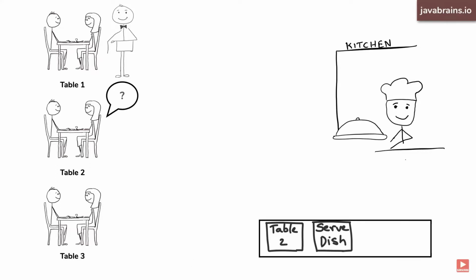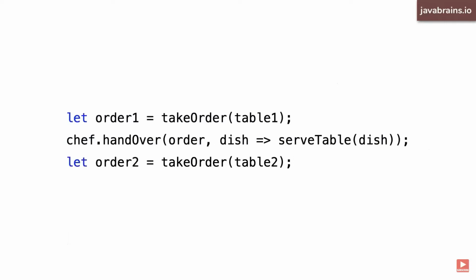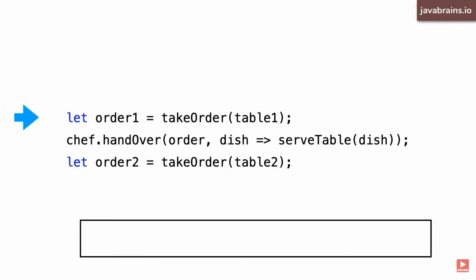When an async call happens, there's often a callback associated with it. When that async call completes, the callback isn't immediately executed. It is put to the back of the event queue. Consider this example. First, the waiter takes the order from table 1 synchronously. He hands the order to the chef with a callback to say, hey, when the chef has finished the order, this dish needs to be served to that table.